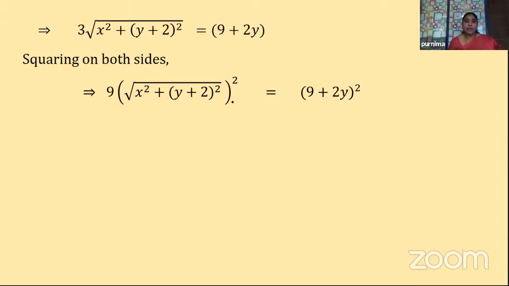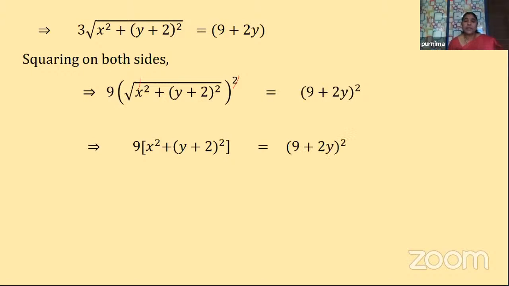Similarly, here again, the square and this square root are cancelled. So if these two are cancelled, what do we get? What is left? 9 into x square plus (y plus 2) whole square is equal to (9 plus 2y) whole square. So this is the left equation.